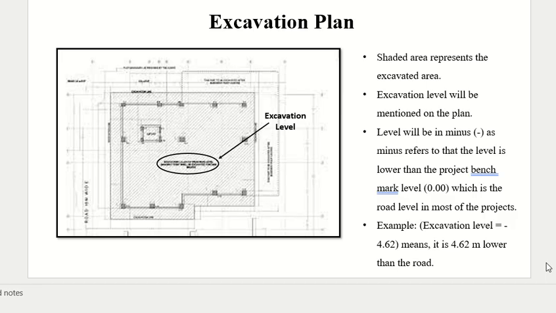Anyways, the ground clearance is the first part, but the first drawing which you will get and the first set of calculations which you will do is for the excavation. So this is what an excavation plan may look like. The shaded area is the excavation part.